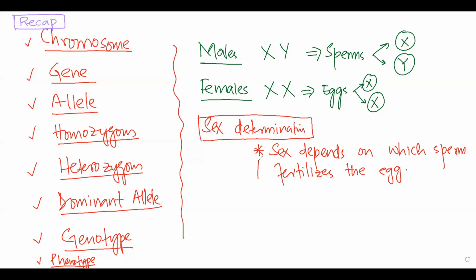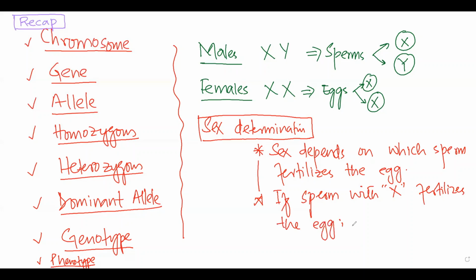Female. Wow. Can you hear me? Yes sir. If sperm with X chromosome fertilizes the egg, female is produced. And if sperm with Y fertilizes the egg, male is produced.